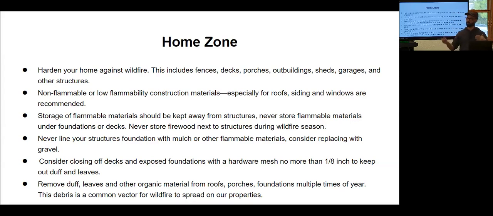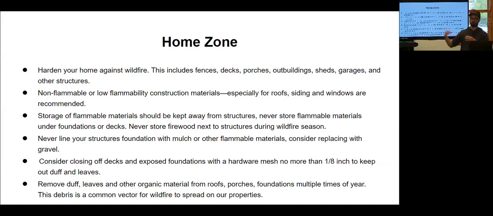You want to close off any opening that you may have on your structure, because if the wildfire is close by, maybe it's on your property, there's going to be a pressure difference between the fire and your home. It's going to be a lot cooler in your home. Obviously the fire is hot, and if there's any opening, it's actually going to suck in like a vacuum any debris.